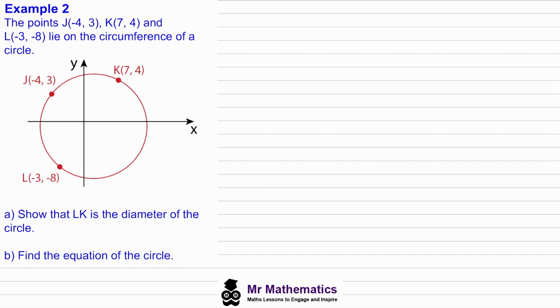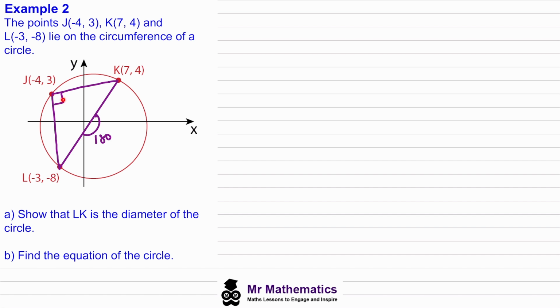So for part A, to show that L to K is the diameter of our circle, we can use the circle theorem. Now the angle at the centre of our circle, which will be 180 degrees, will be half the angle at the circumference, which will make angle LJK 90 degrees.